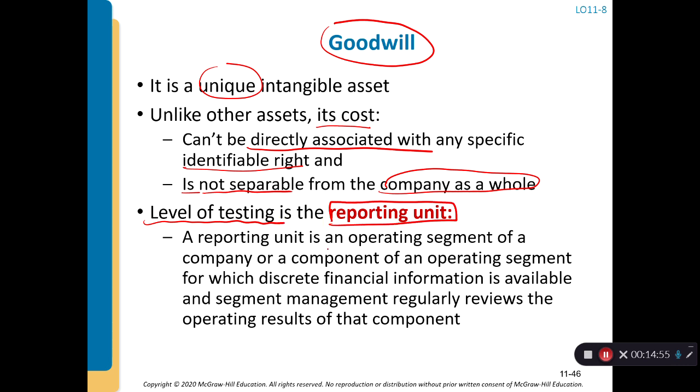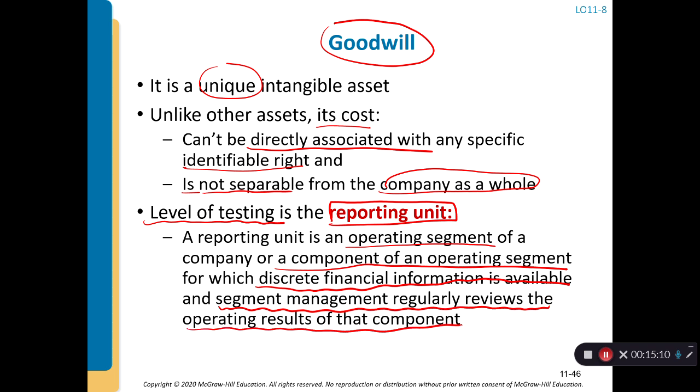A reporting unit is an operating segment of a company, or a component of an operating segment for which discrete financial information is available and which management regularly reviews for operating results, such as the Midwest region, New York region, East region, or West region of the company, or a specific geographic area or product line. We call it a reporting unit.